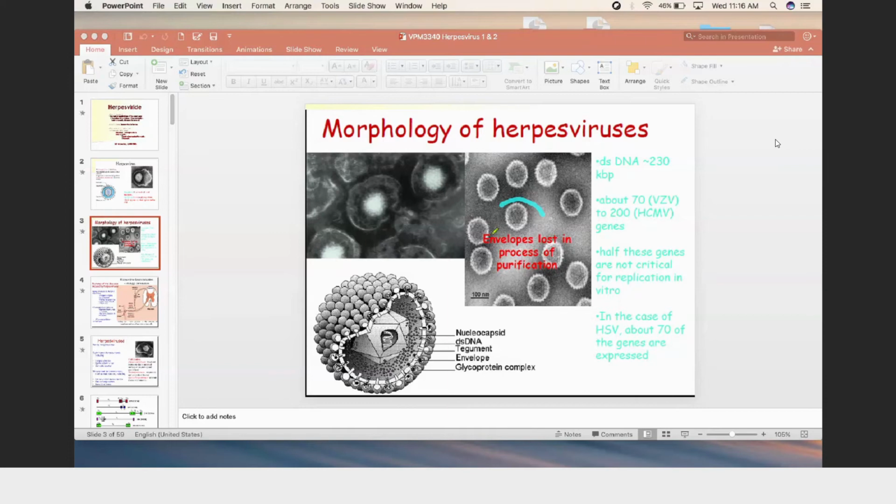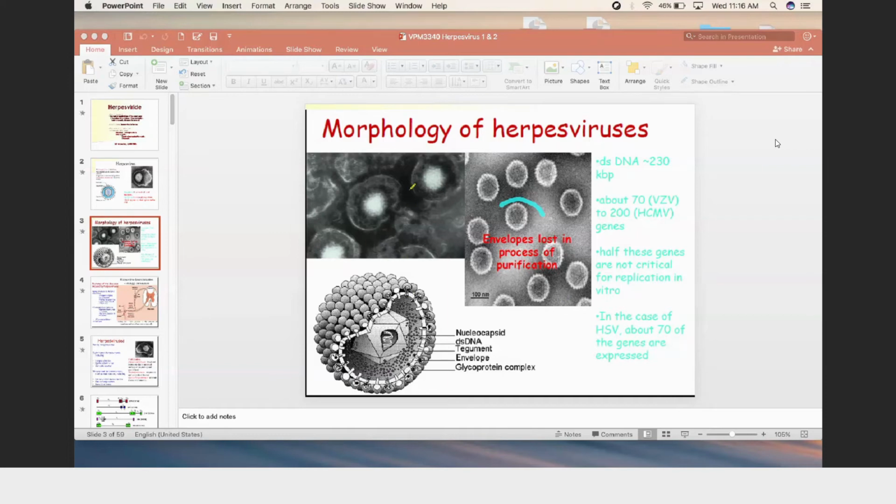When you purify virus, the virus goes through a certain process, and this process causes the envelope to be broken and eliminated from the solution. So you are going to see this rounded figure under EM. Then you may say, oh, this is a new virus, not herpes virus. It is actually herpes virus, but because of the process during preparation of the pure virus, the virus may have lost its envelope.